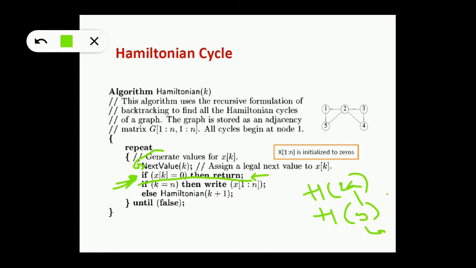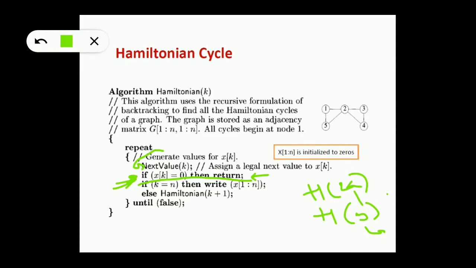And then in case we have found the next vertex, that is x of k is not equal to 0, then we need not perform backtracking.